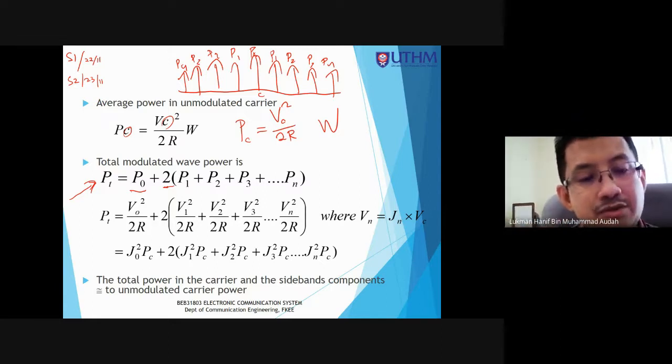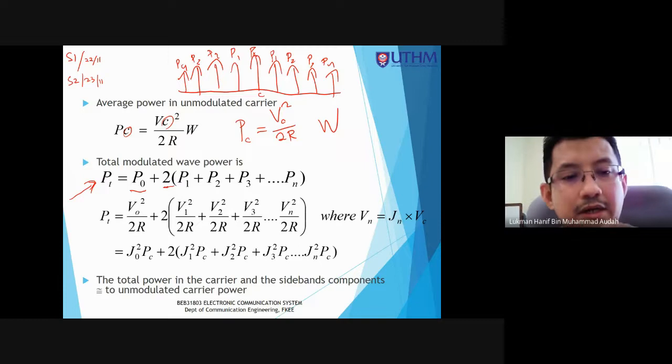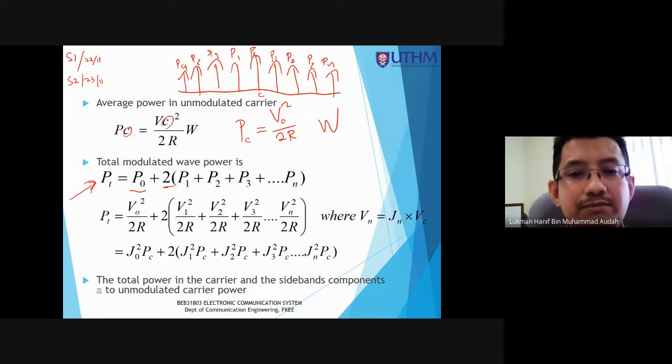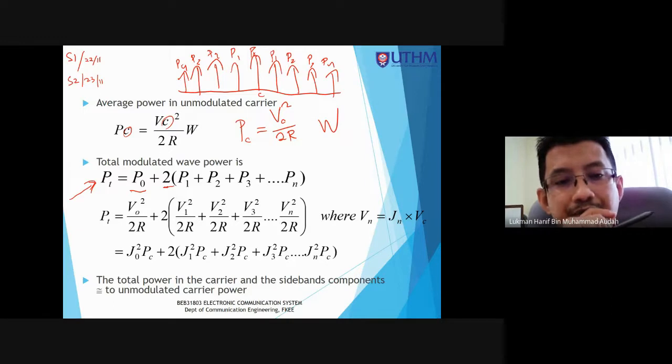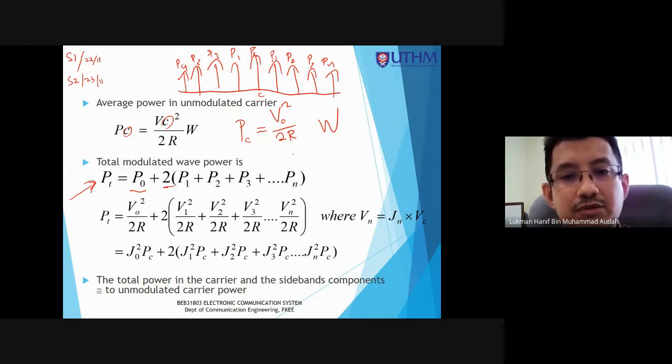Okay, so if you see from here, what is P1, what is P2, P3, and so on. Remember that P is actually Pn. So the equation for Pn is equal to Vn square over 2R. So what is Vn?